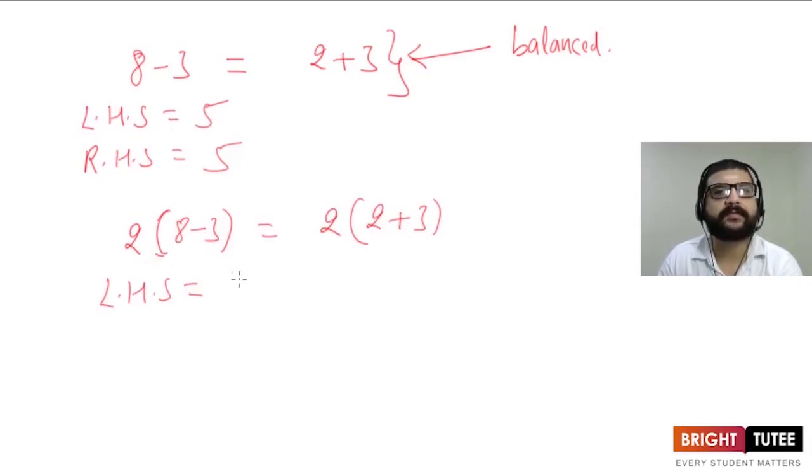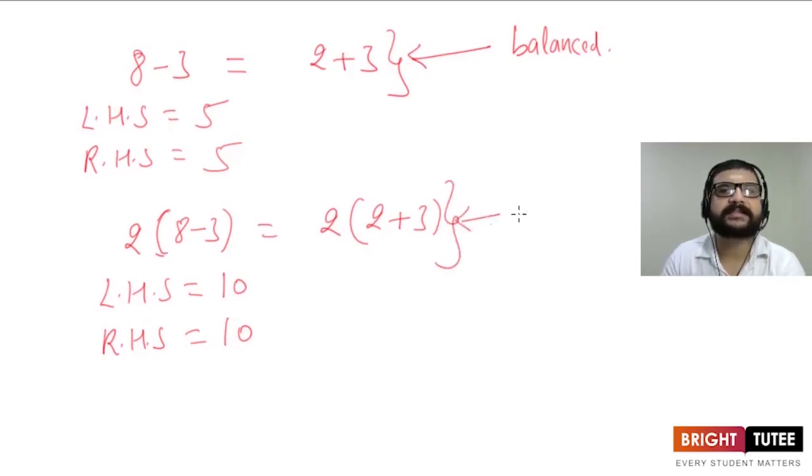So we will get 2 into 5, which gives us 10. And what will be RHS? RHS will be 2 into 2 plus 3. And what is 2 plus 3? It is 5 only. So 2 into 5 gives us 10. So we got LHS is equal to RHS again. Hence we can say the equation is still balanced.